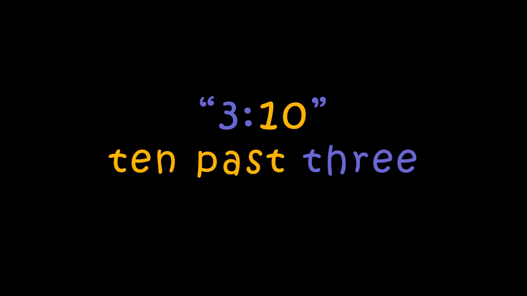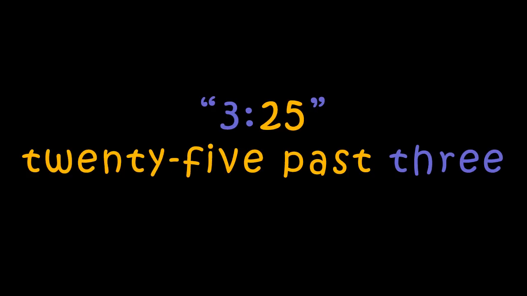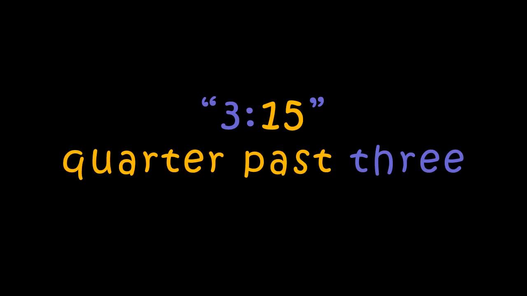So let's review this again quickly. 3 o'clock, 5 past 3, 10 past 3. Repeat after me, by the way, if you can, and practice saying the time. 20 past 3, 25 past 3, 25 to 4, 20 to 4, 10 to 4, 5 to 4, quarter past 3, half past 3, and quarter to 4.